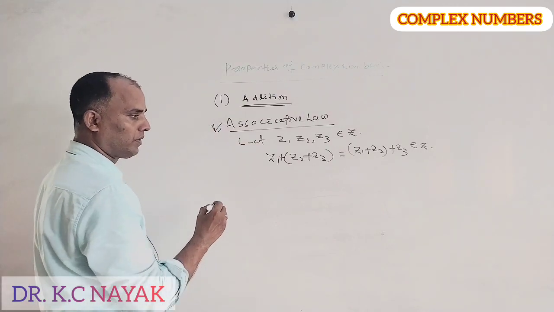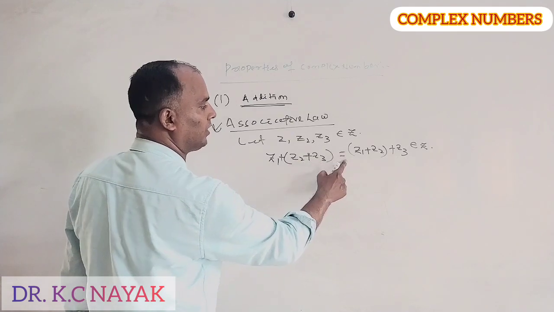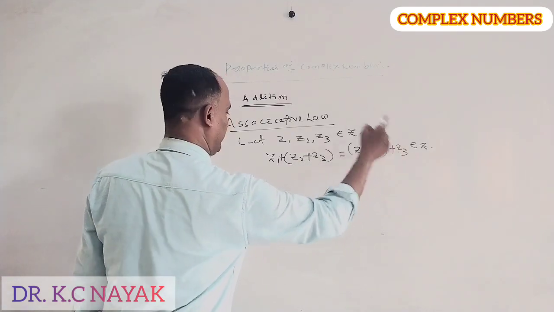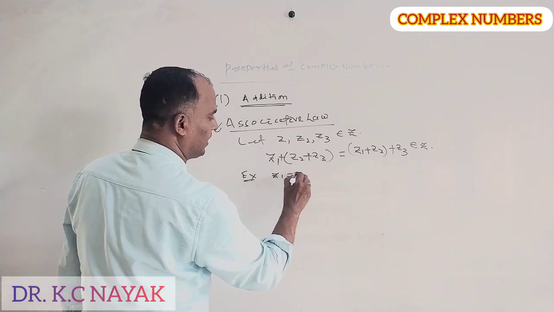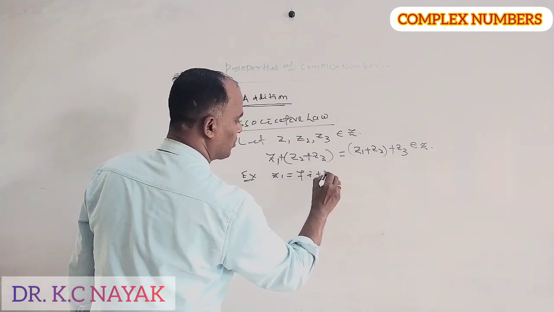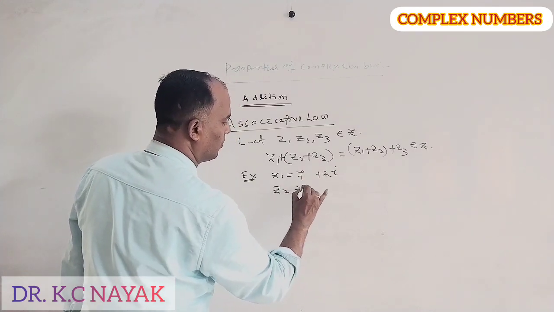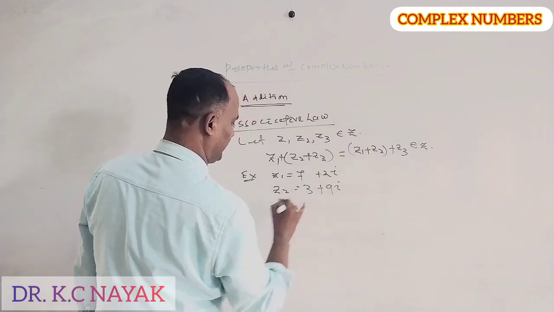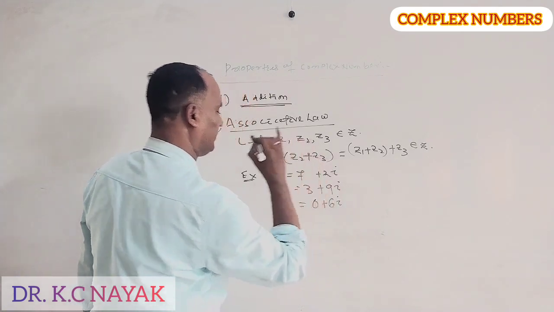Let us take an example. Suppose Z1 is equal to 7 plus 2i, Z2 is equal to 3 plus 9i, and Z3 is equal to 0 plus 6i.